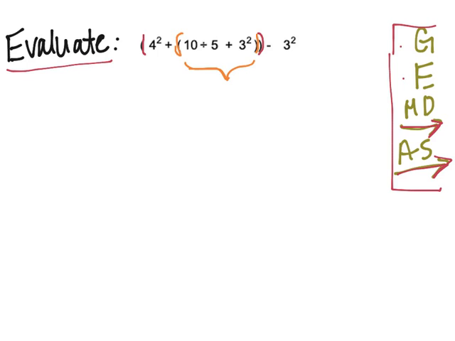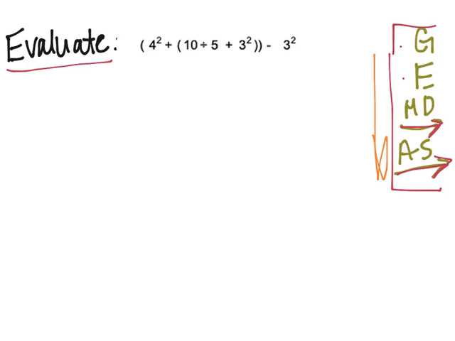So I see that I have division and I have an exponent and I have addition. So I'm still going to follow the order of operations to evaluate inside that parentheses. I'm going to get rid of some of this stuff so you can see what I'm doing.